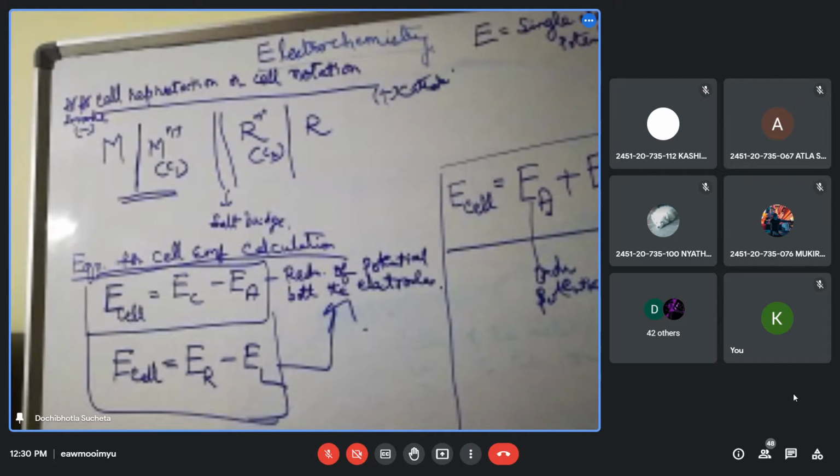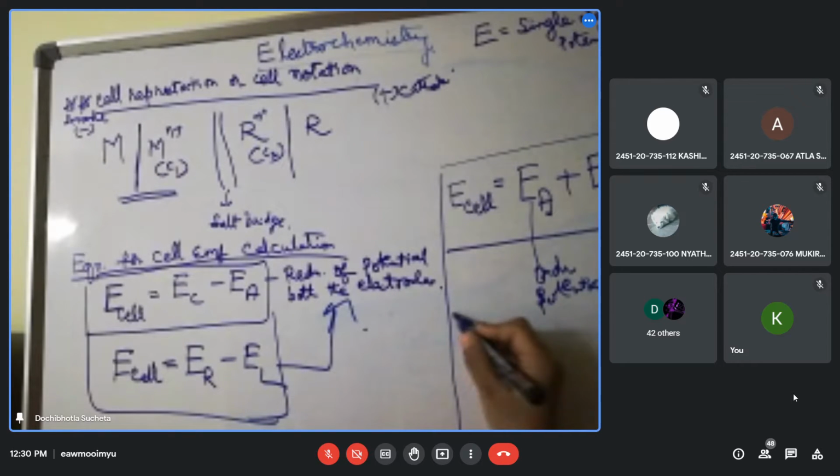Given, SRP values. I'm giving the SRP values. Kids, just look here.